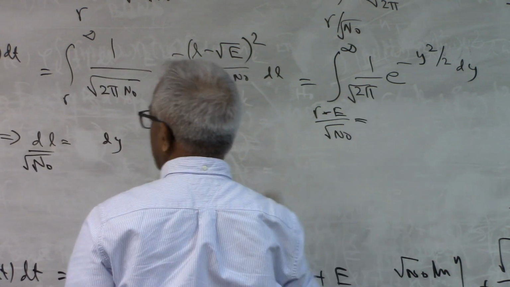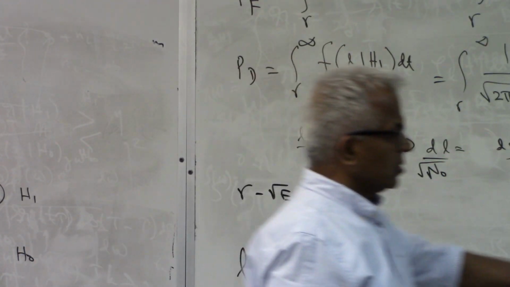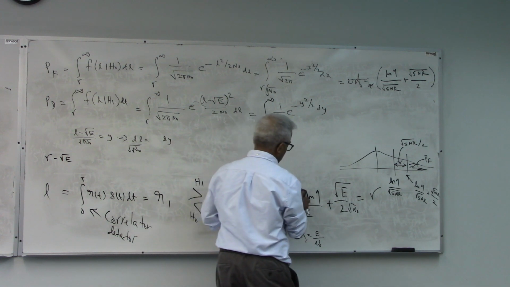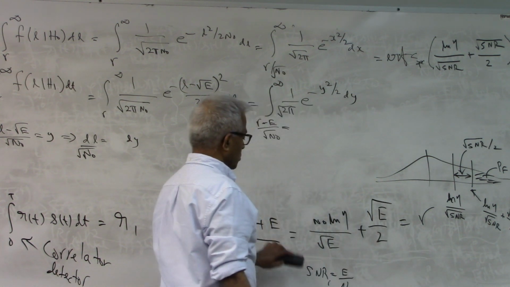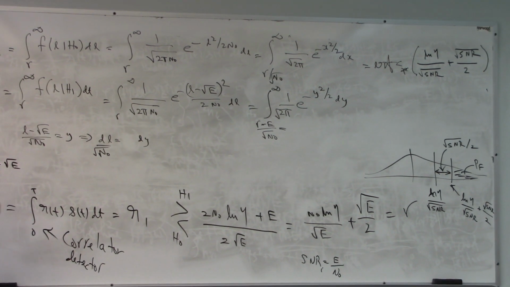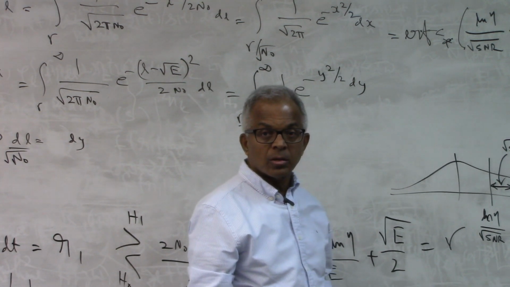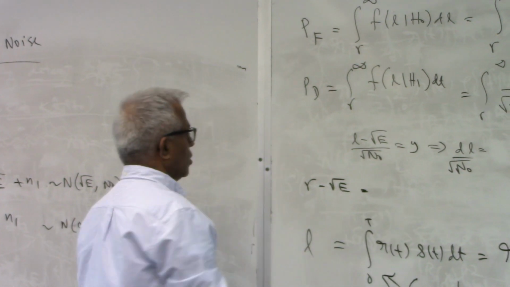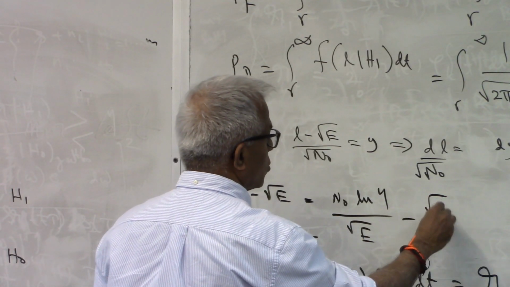So let me compute this quantity here, gamma minus square root of E. Where was gamma? That was gamma. So gamma minus square root of E will be that quantity minus square root of E by 2, which is N0 log eta over square root of E minus square root of E by 2.